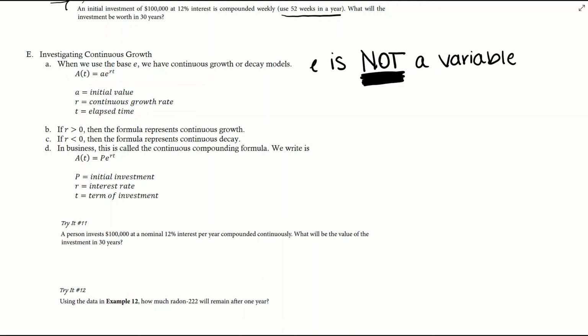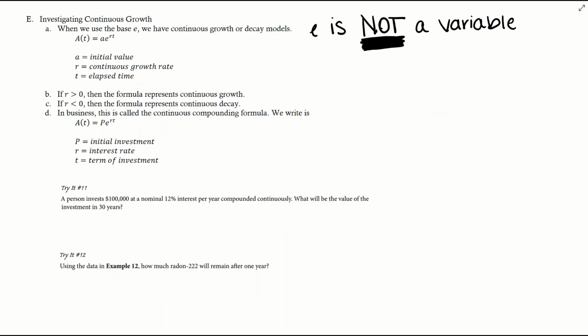E is an actual number. Google it if you don't know what it is. I really encourage you to Google it yourself so that you see it's a number. E is not a variable. It will never be a variable. Please do not email me asking me what E is because I left it out of every problem.